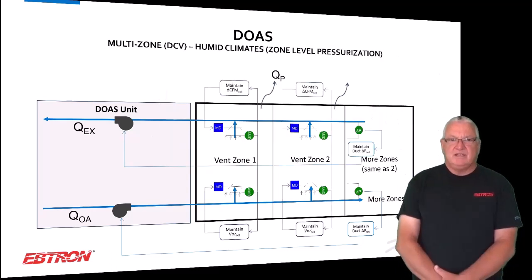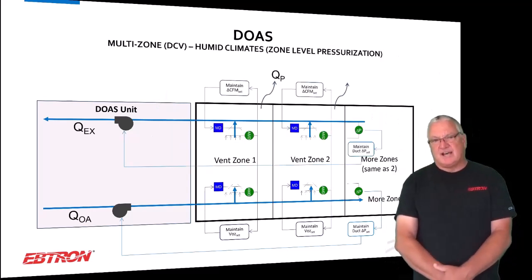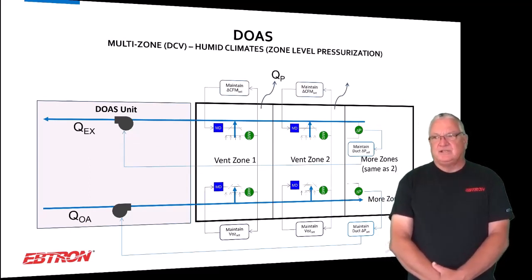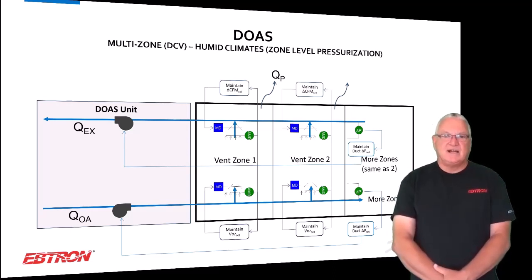When you get into really humid climates, deep south, particularly when you're doing DCV, I know this sounds excessive, but this is true. If you're not tracking the flows into and out of each ventilation zone on DCV in the south, then you're going to have pressurization problems.